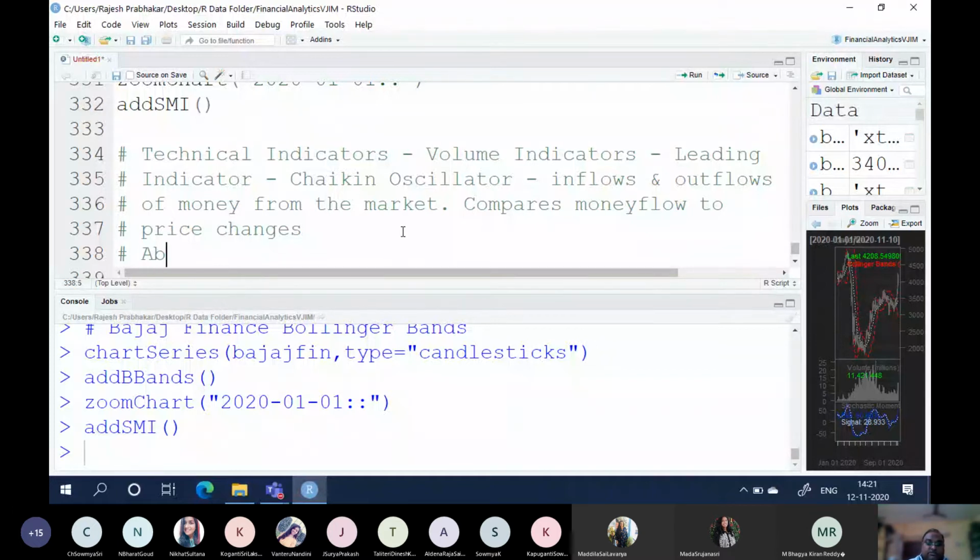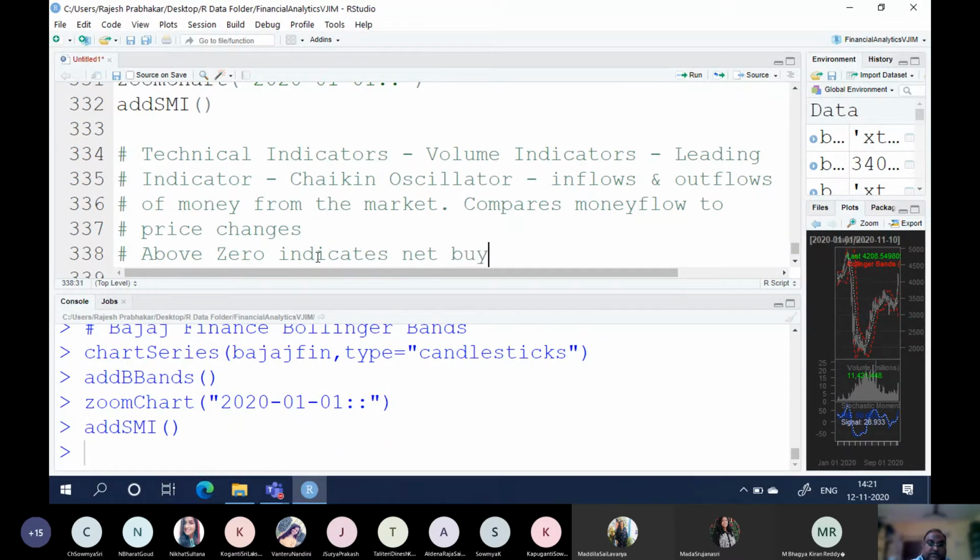So above 0 indicates net buying pressure.